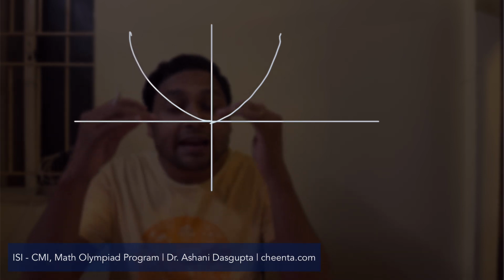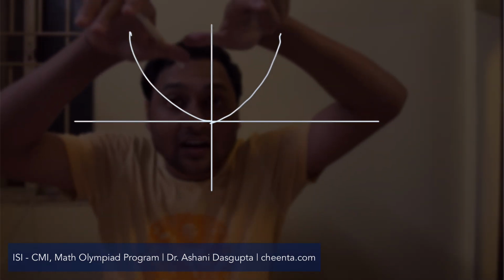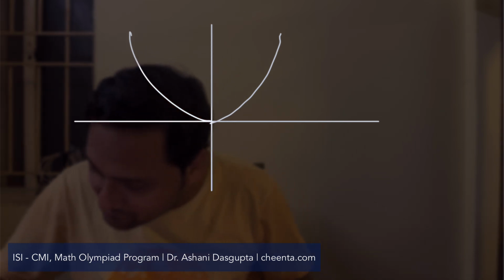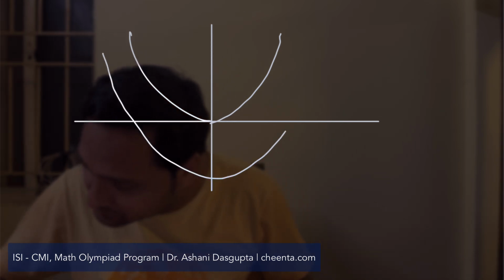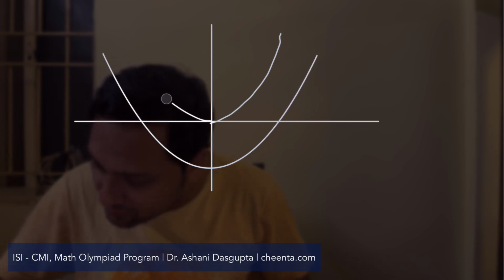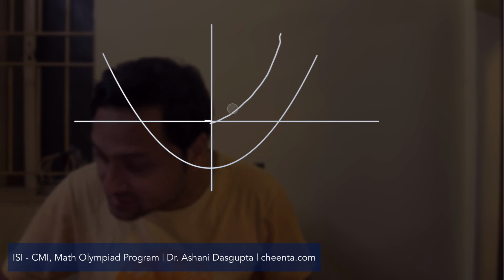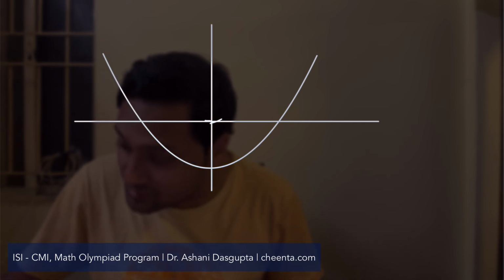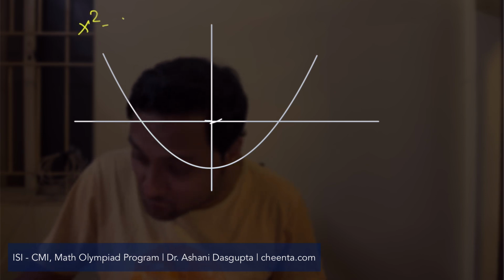And when you do minus 4, this graph comes down by 4 units. So it is somewhere here. This is the graph of x squared minus 4.